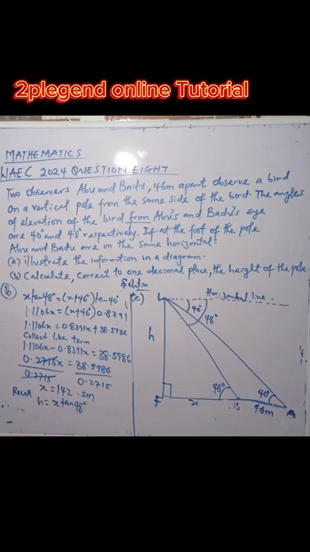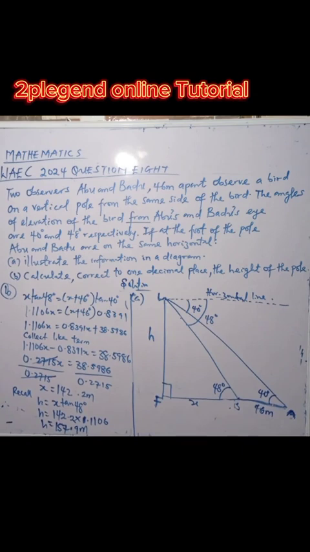Now that you've gotten the value of x to be 142.2, it means that your H is equal to 142.2 times your tan 48 degrees, which is given as 1.1106. Then your H will be equal to 157.9 meters.